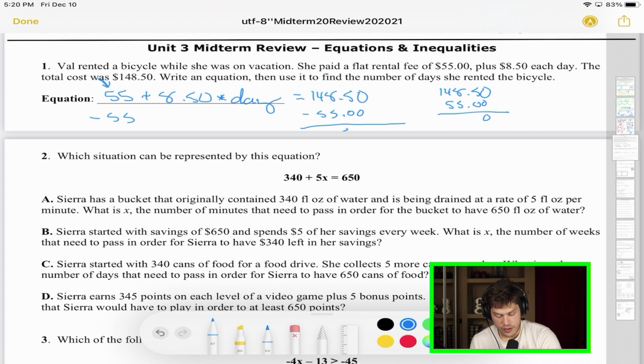Okay, 0 minus 0 is 0, 5 minus 0 is 5, 8 minus 5 is 3, and then 14 minus 5 is 9. So 93.50 is what we have after we subtract 55.